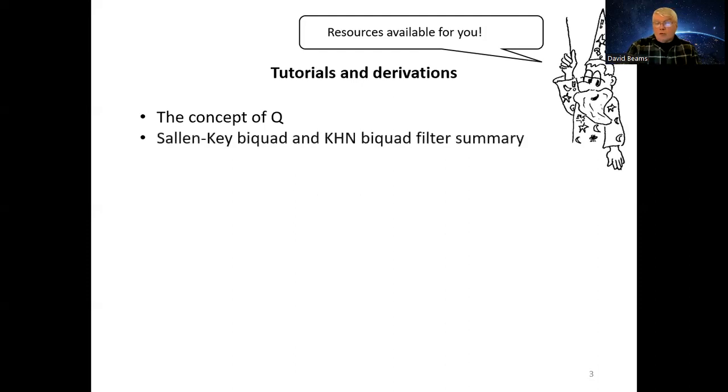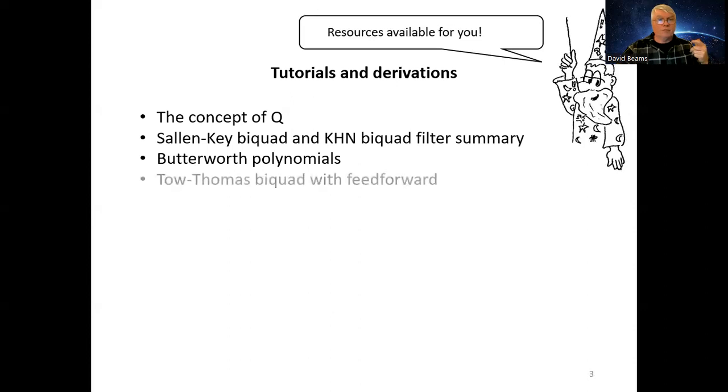I have a tutorial which I also wrote to supplement the textbook I was using on the Sallen-Key biquad, or second order filter, and the KHN, the Kerwin-Huelsman-Newcomb second order filter. I have a tutorial on Butterworth polynomials, which you will need to design Butterworth filters.